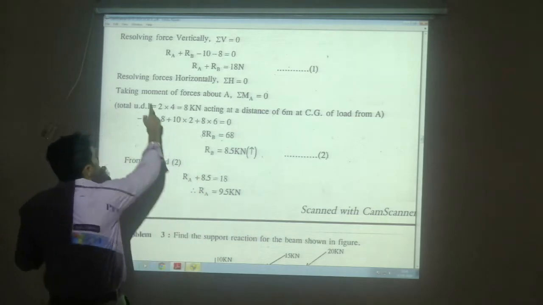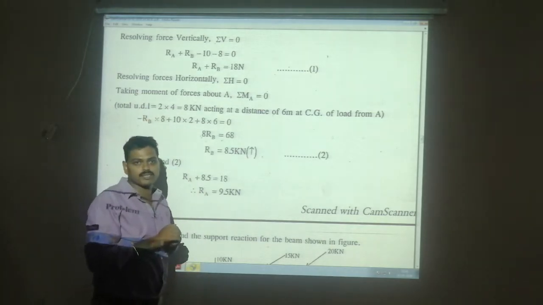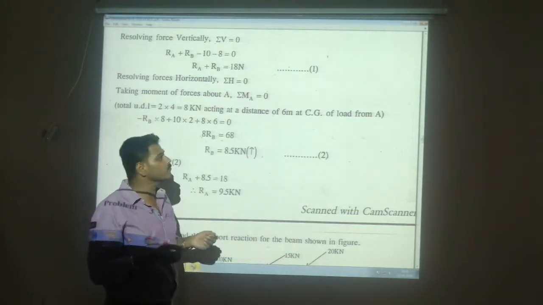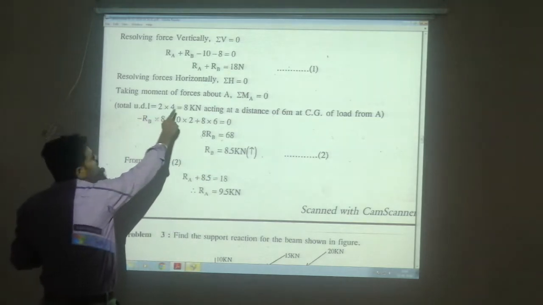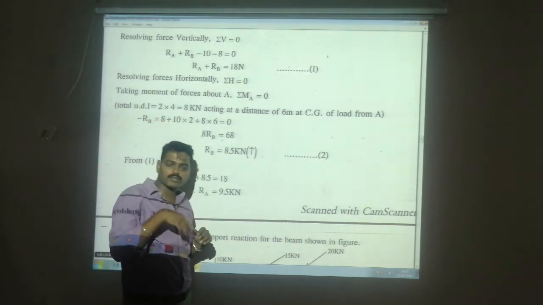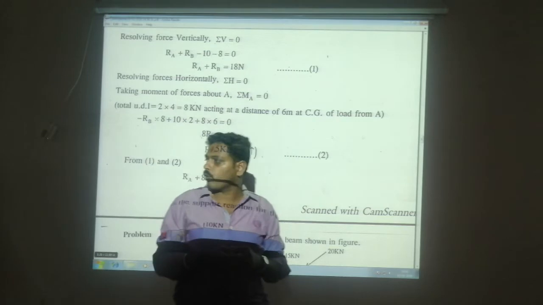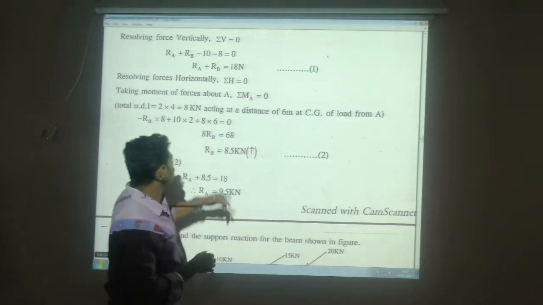Resolving forces horizontally, sigma H is equal to 0. There are no horizontal forces. Then taking the moment of force about A, sigma M at A is equal to 0.